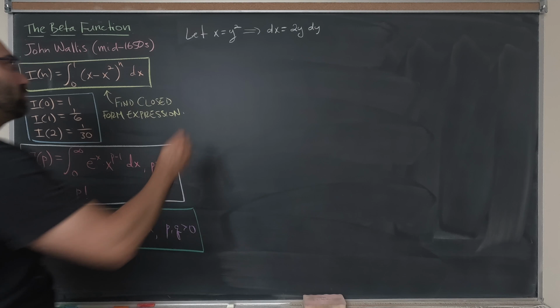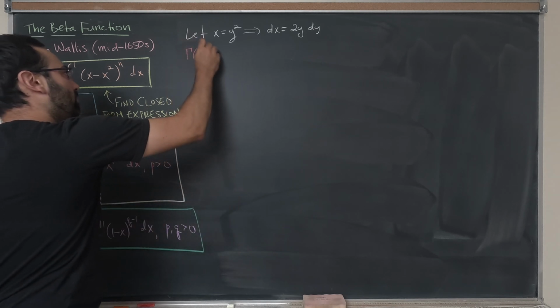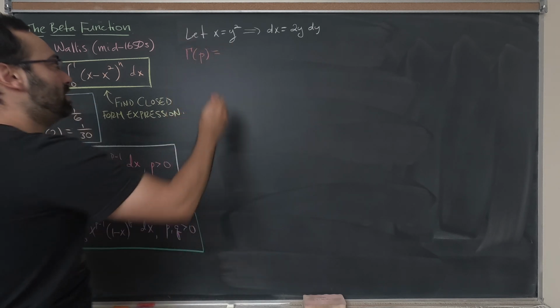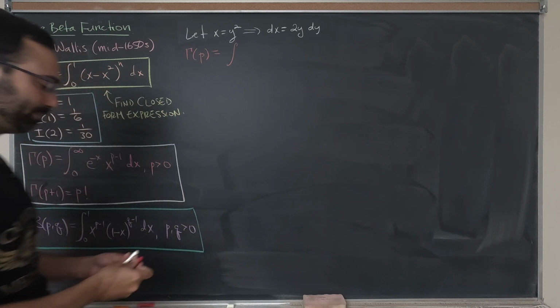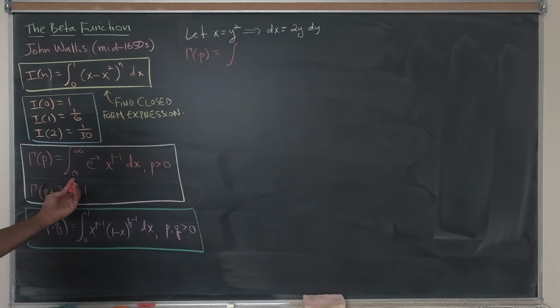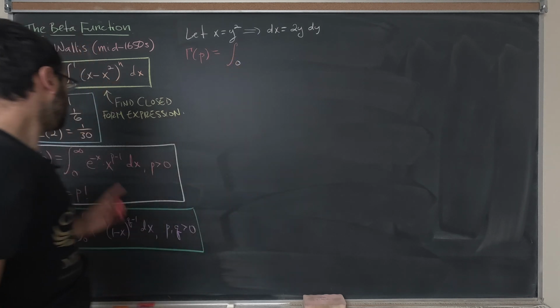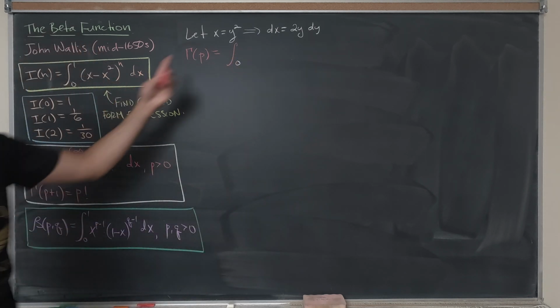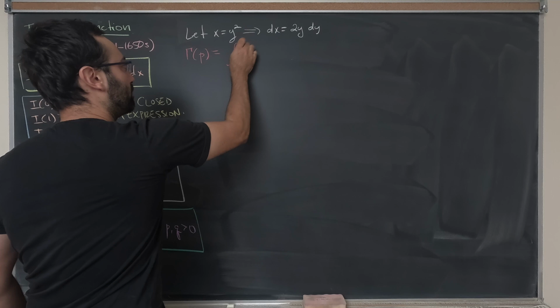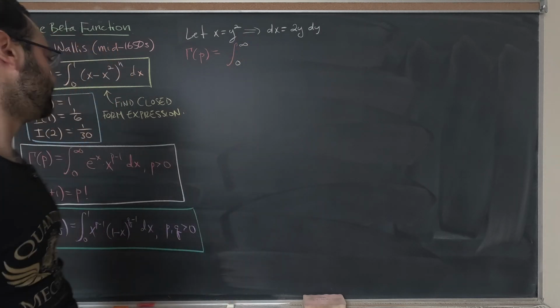So what does the gamma function become now? Gamma of p equals the integral from, well, when x is 0, so is y. And when x tends to infinity, so does y as well. So those integration bounds don't change.